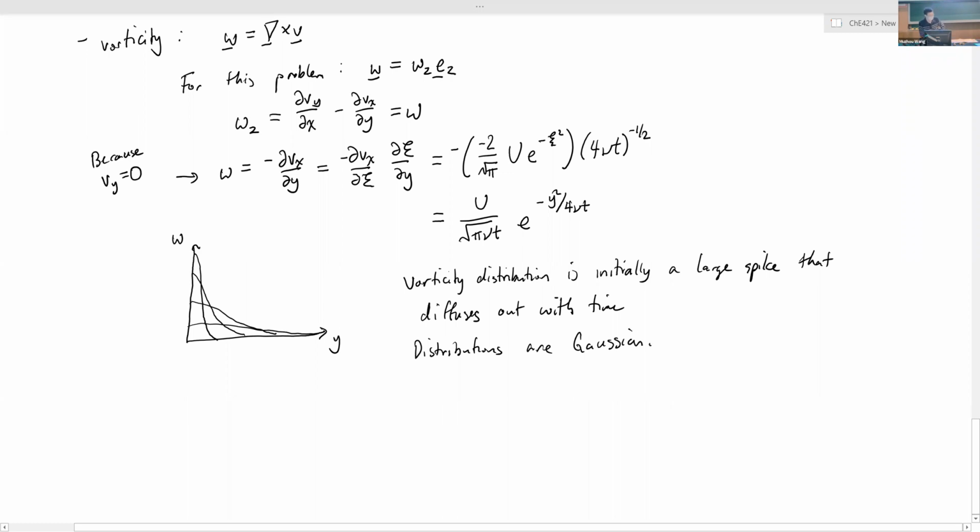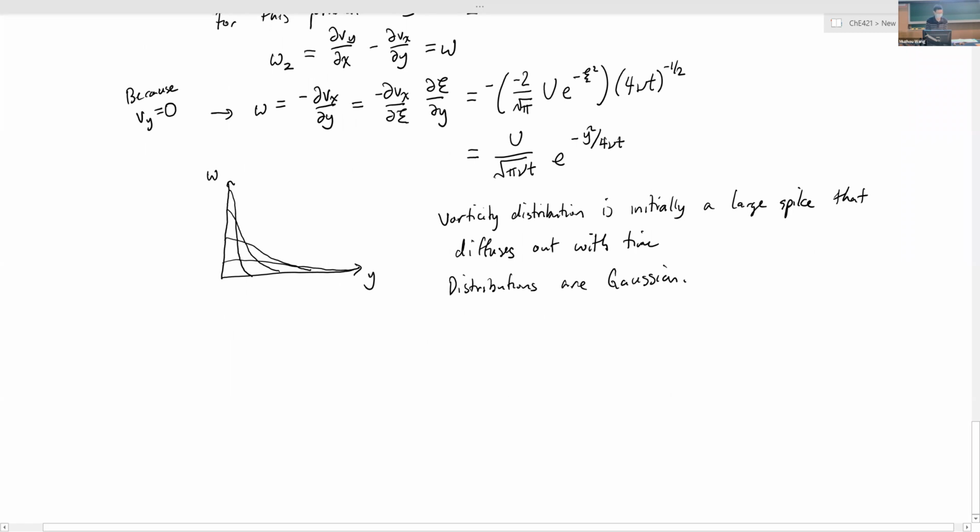I can maybe show you even more how this works, or I can maybe prove to you if you don't believe me. The total vorticity in our fluid, to get that, you would basically just take an integral over the entire fluid.